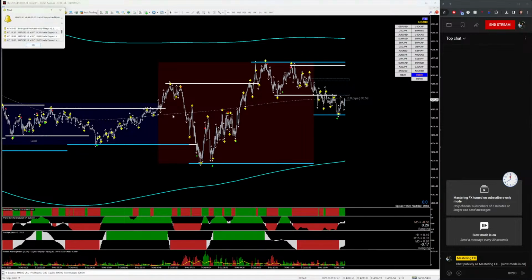So we have the middle line here. Whenever price is underneath that middle line, I'm gonna consider that discount, so we're looking for buys. And whenever price is above the middle line, I consider this premium, and we're looking for sells. So this way we would have been able to take both of these trades.